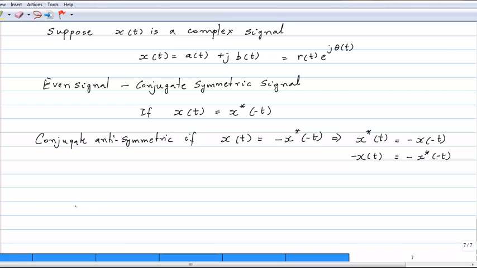Particularly what I mean is this: if x of t is real, then it turns out that the Fourier transform of x of t is conjugate symmetric.